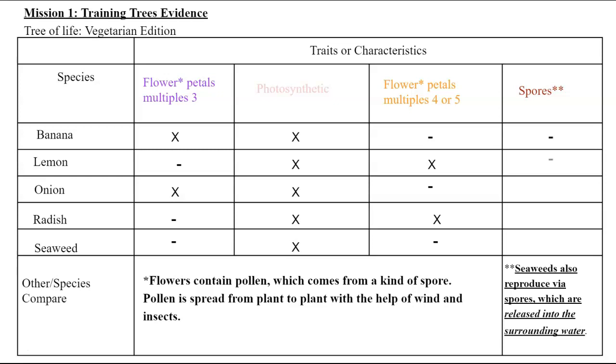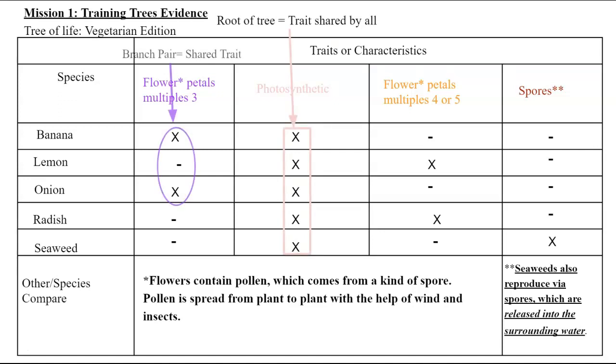And then lastly, the only one that contains this type of spore that we are talking about is the seaweed. This will be the root of our tree, shared by all. This will be a branched pair that we see because they share traits, and this will be off all on its own after our root.